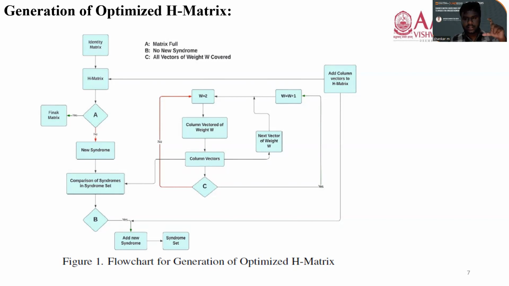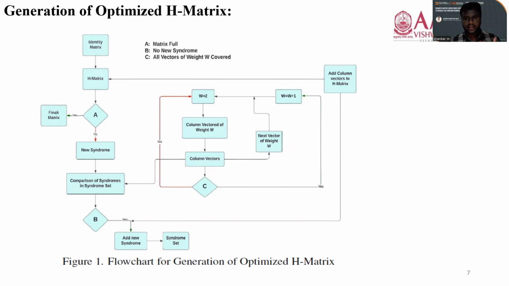If the syndrome produced by XORing these two is not present in the syndrome set we have taken previously, then only the latest syndrome will be added to the column. Otherwise, it will be skipped and the iterative process continues. Once the lower weighted ones are completed, only then will the next weighted ones be introduced. In this way, we will produce the H matrix.